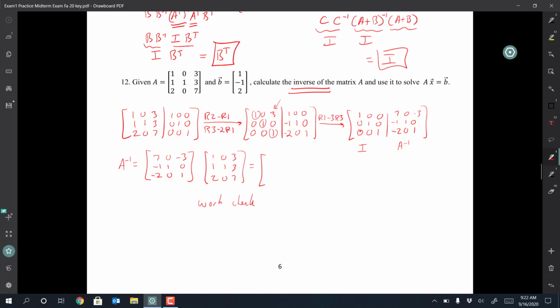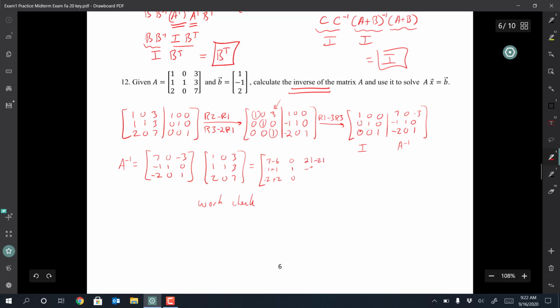So when I'm doing this, I'll have 7 minus 6 up here. I will have, let's see, 1 plus 1 here. I will have negative 2 plus 2 here. Then I go on to the second column, which is going to be 0, 1, 0. The last one is going to be 21 minus 21.